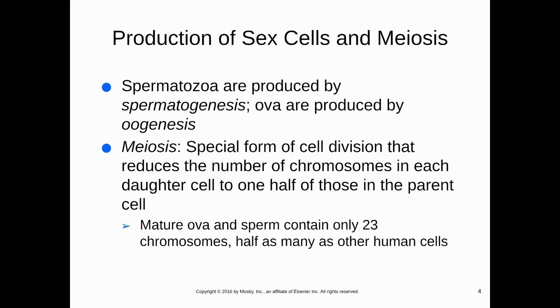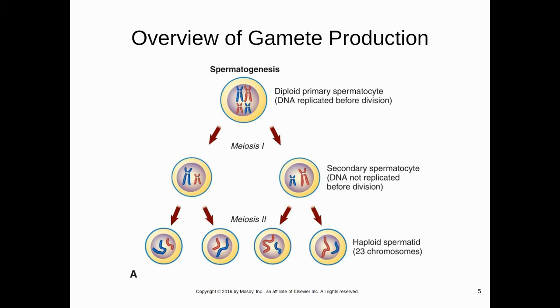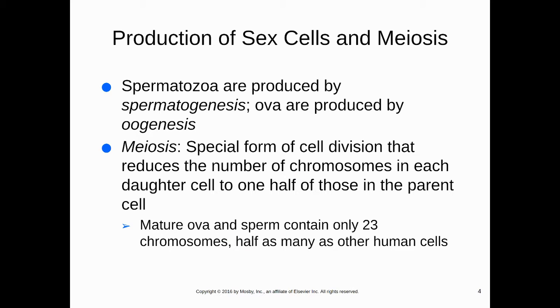So we're going to talk first. Anytime we're talking about any type of sex cells, the first thing we're going to talk about is spermatozoa, which occurs through spermatogenesis. Spermatozoa, which are sperm, are produced by spermatogenesis. Ova, which are eggs, are going to be produced through oogenesis.